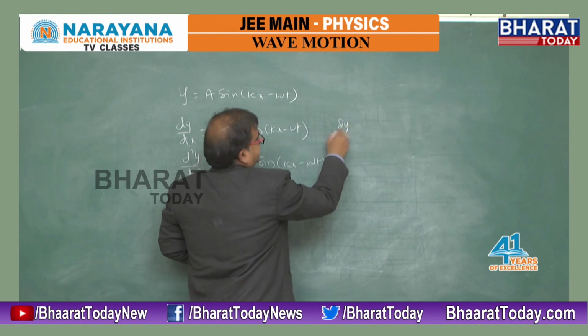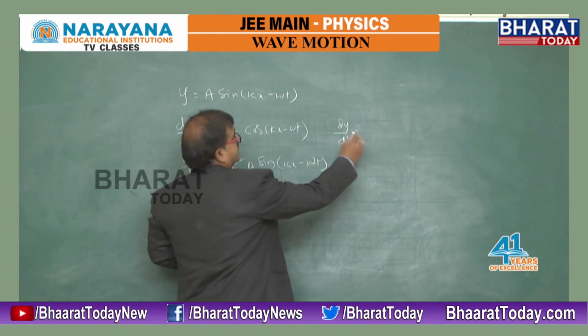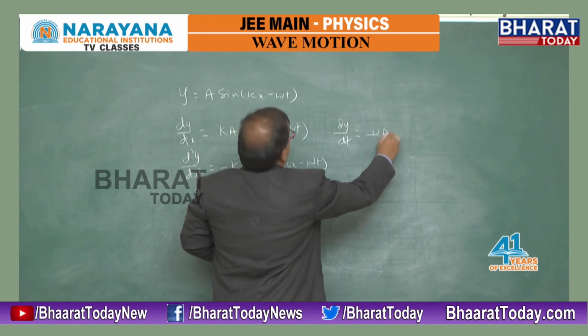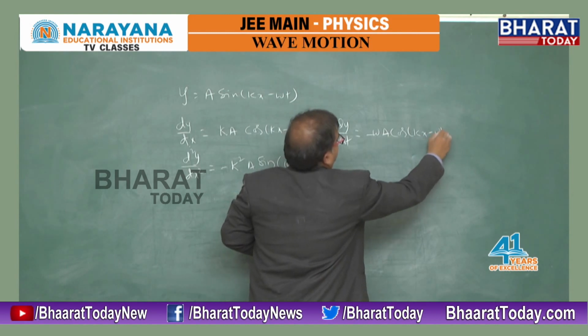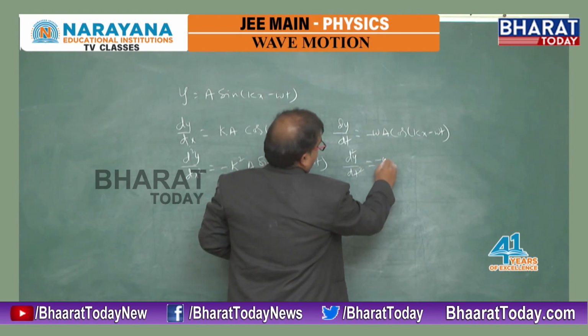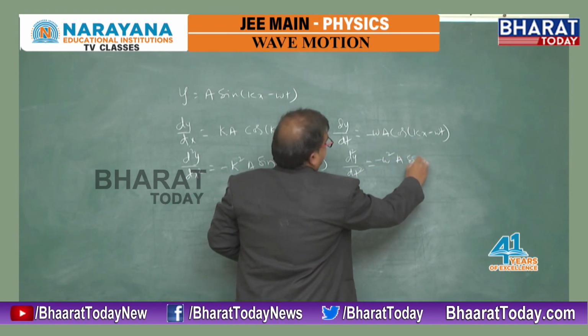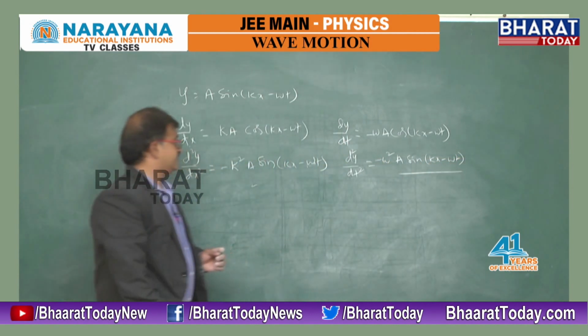Similarly, dy by dt, what we got here? dy by dt is simply minus omega a cos(kx minus omega t). Then d square y by dt square is equal to minus omega square a sin(kx minus omega t).